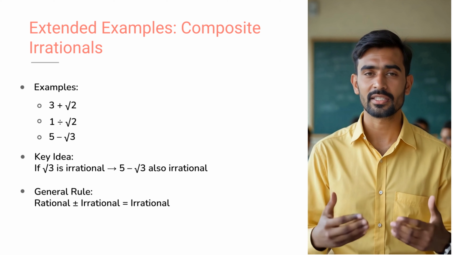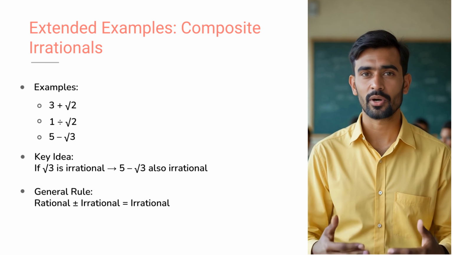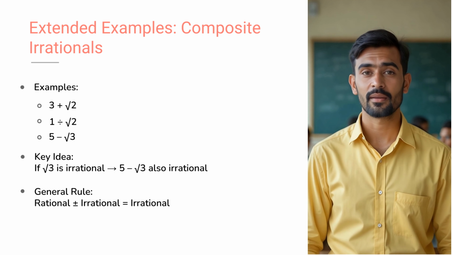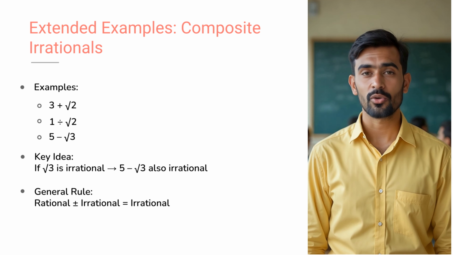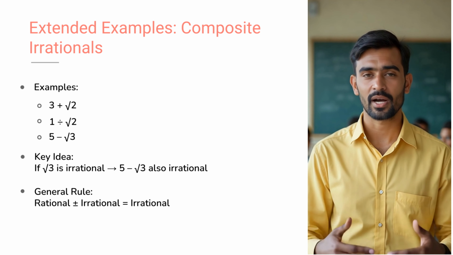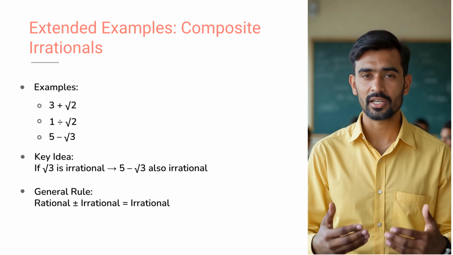But 5 minus a over b is a rational number. That means square root of 3 would also be rational, but we already proved that square root of 3 is irrational. So the assumption was false. Hence, 5 minus square root of 3 is irrational.